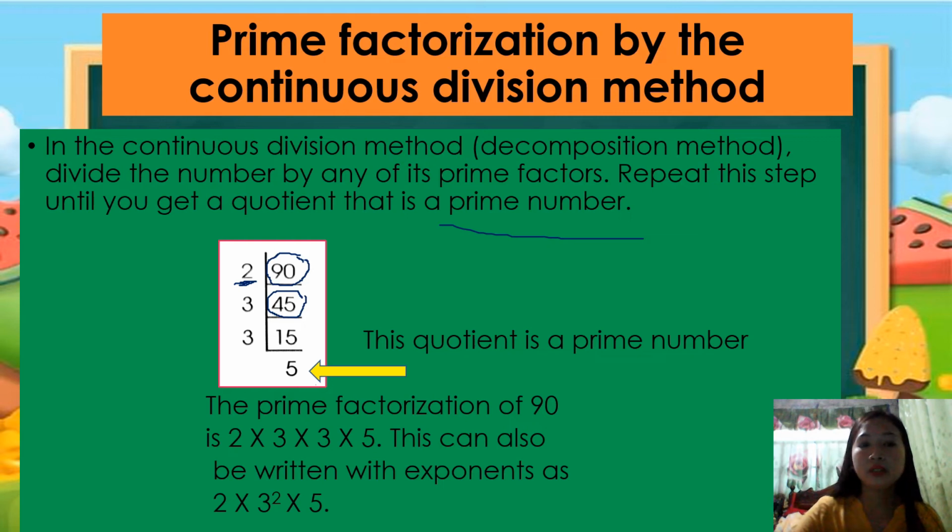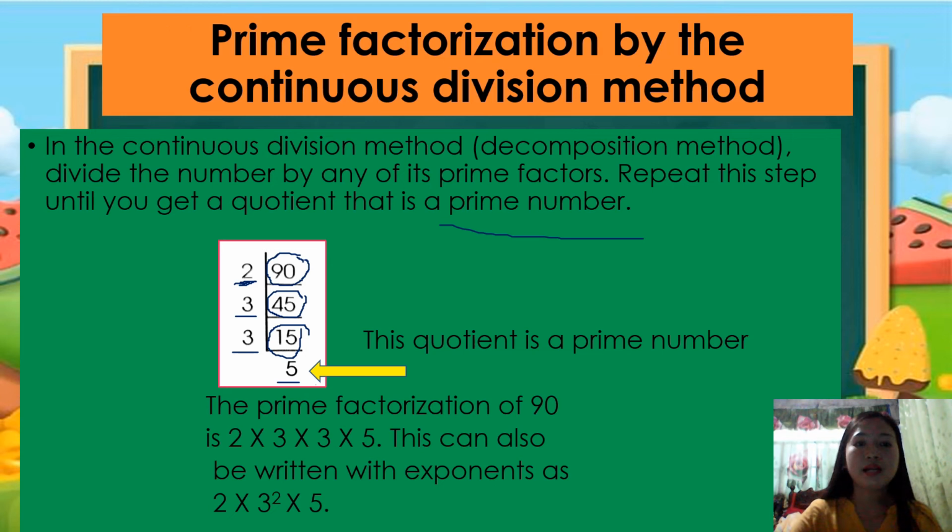Now, 45 is not yet a prime, so we also divide it by a prime number, which is 3. 45 divided by 3, the quotient is 15. 15 is not yet a prime number, so we also divide it by 3. 15 divided by 3, the quotient is 5.